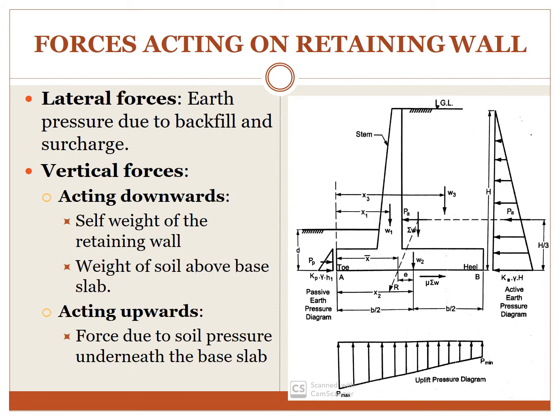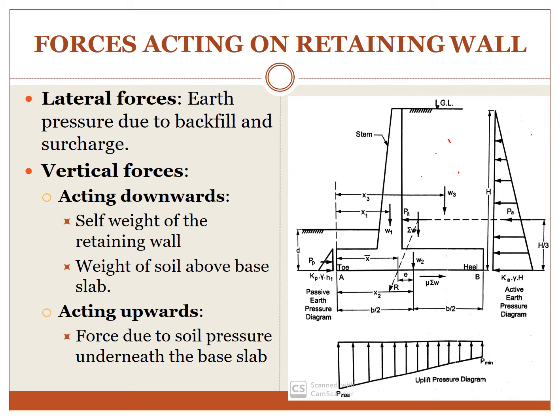Next, forces acting on a retaining wall. There are two forces acting on the retaining wall: lateral or horizontal forces, and vertical forces. Lateral forces act due to the backfill and the surcharge. The second are the vertical forces, acting in two directions, downward and upward.